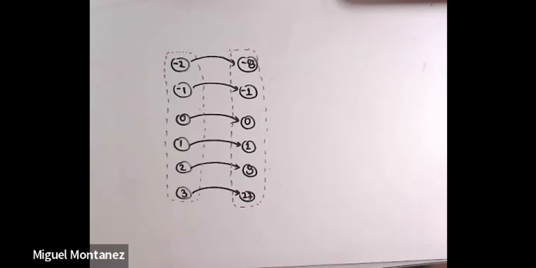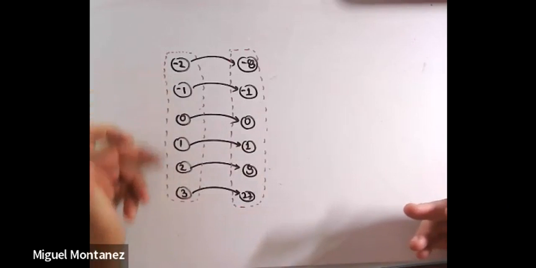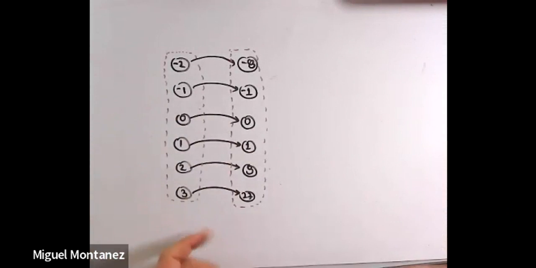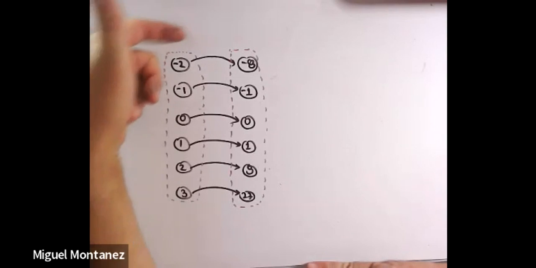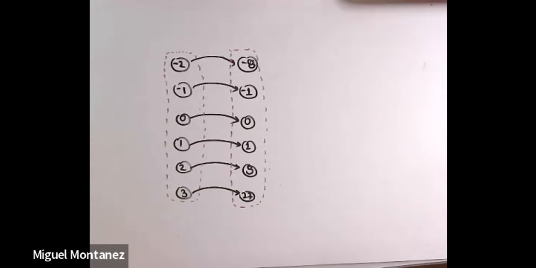I have a very simple example here to illustrate all of that. Just using these 6 pairs, we can tell definitely that the function is one-to-one. Notice that -2 goes to -8, -1 to -1, 0 to 0, and so on.